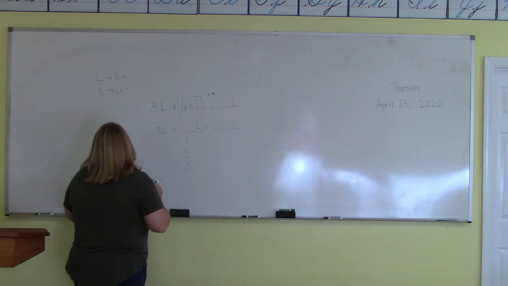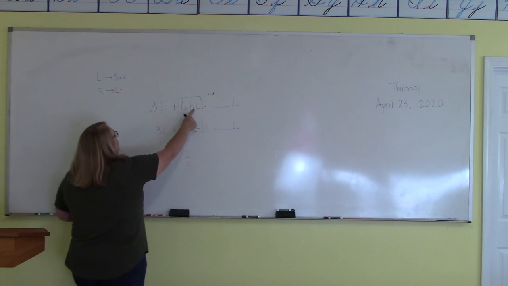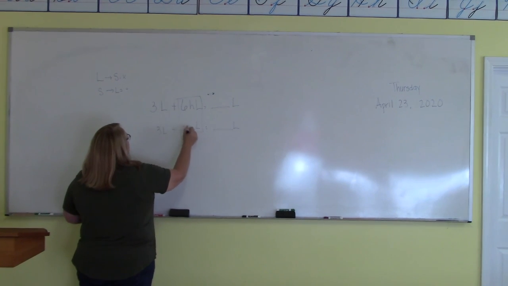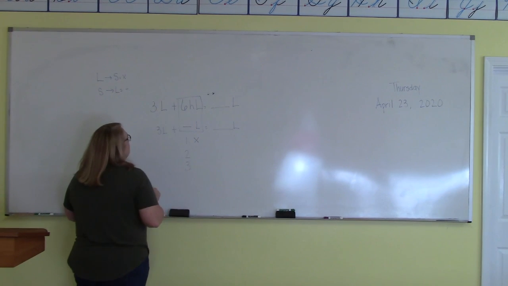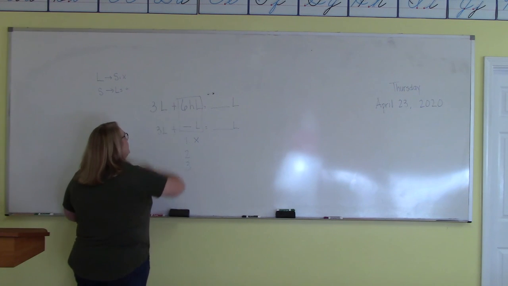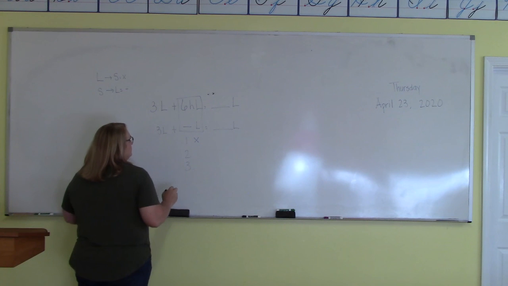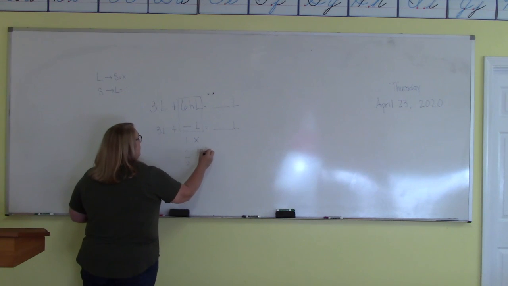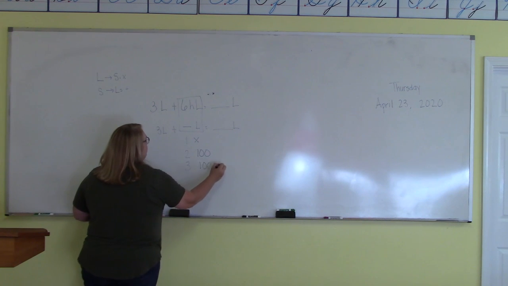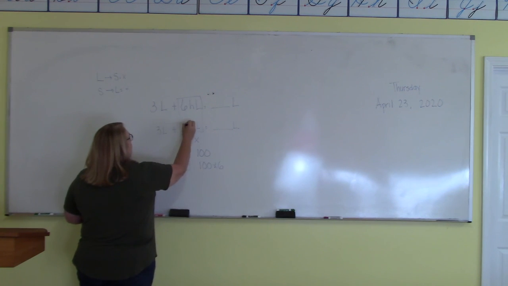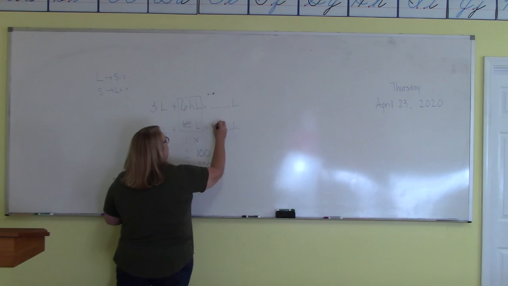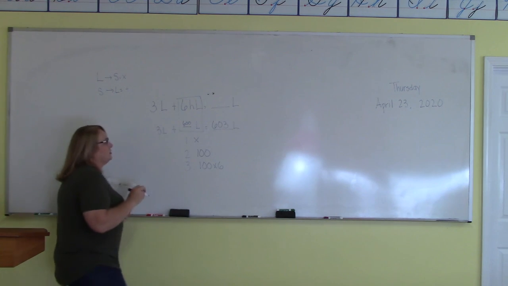So we are going from a large unit to a small unit, so that means we're going to multiply. How many liters are in 1 of these hectoliters? There are 100. So we're going to multiply 100 times 6. That gives us 600. 600 plus 3 is 603 liters.